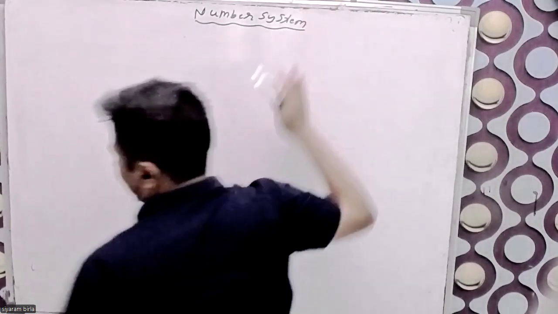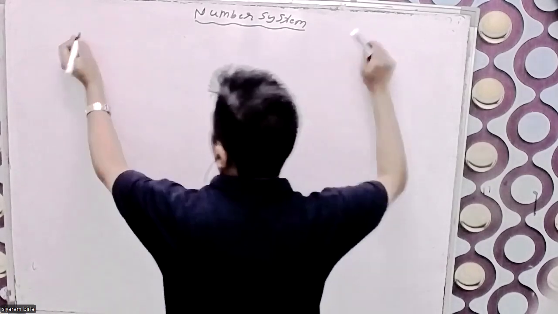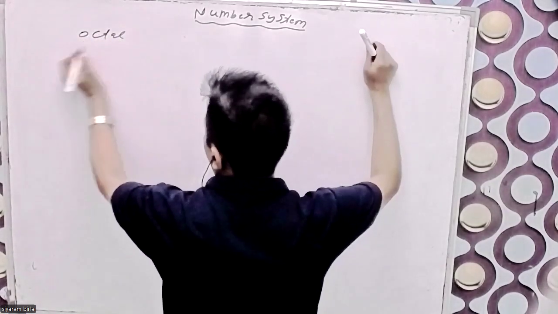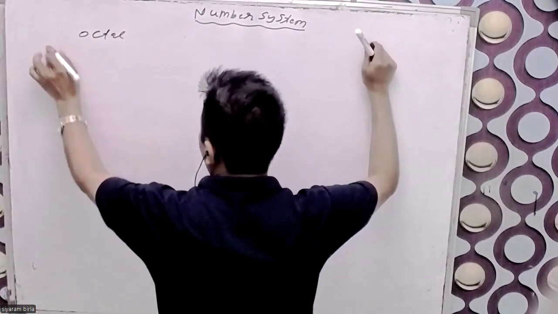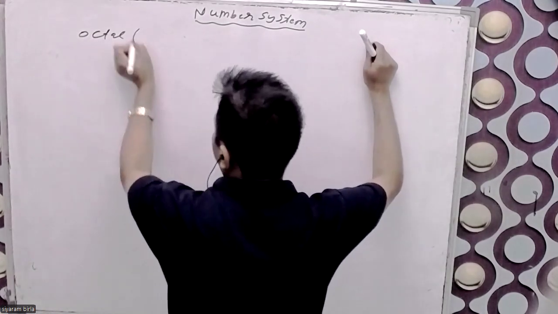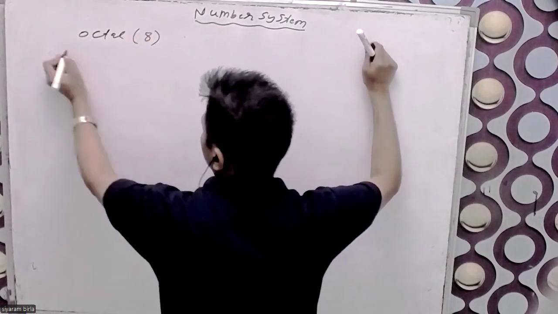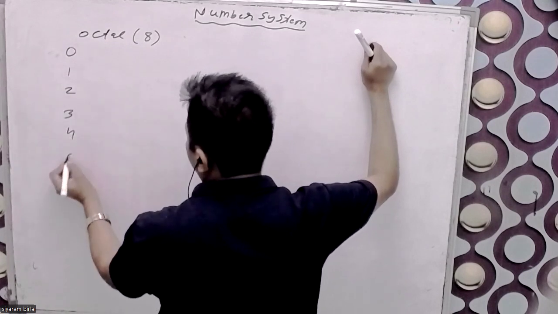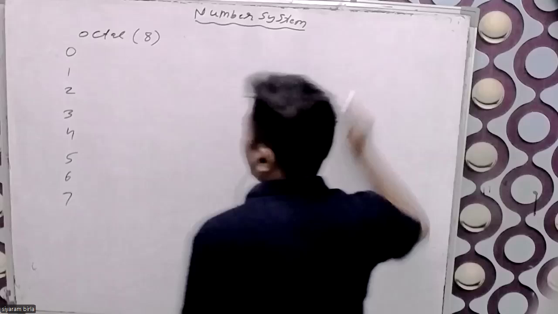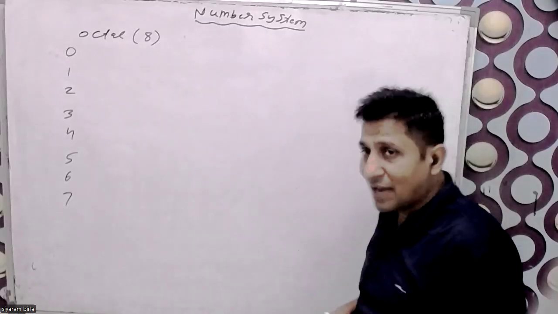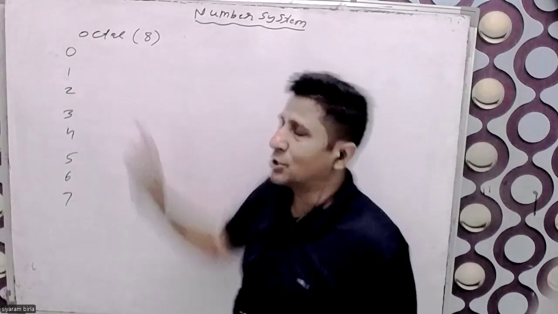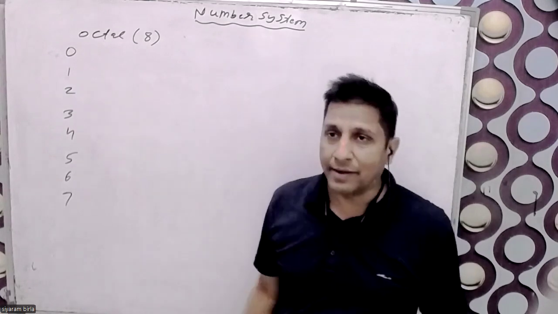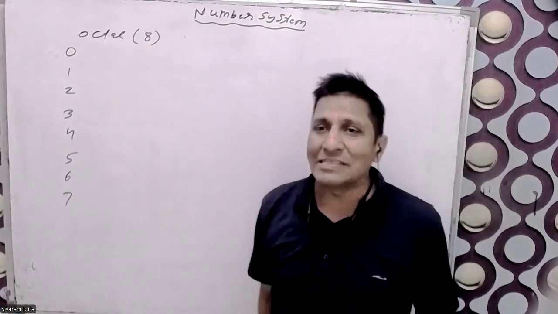There is no problem in decimal, but let me write down octal. Octal is also very easy. In your BTech you will learn its base is 8. It starts from 0, 1, 2, 3, 4, 5, 6, 7. There are 7 as the last digit, but it starts from 0, so the total count is 8. That's why its base is 8.